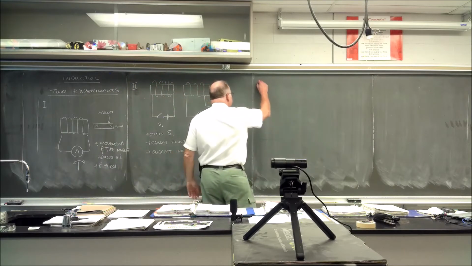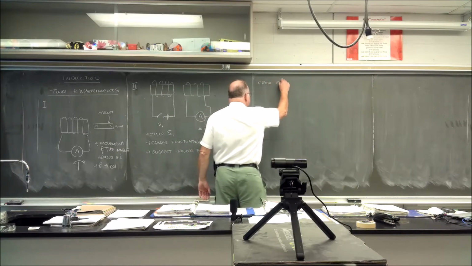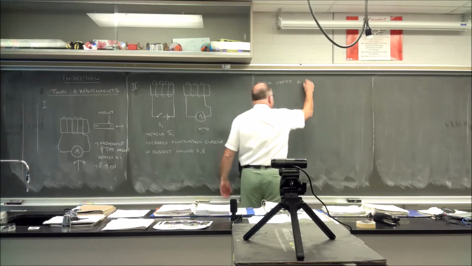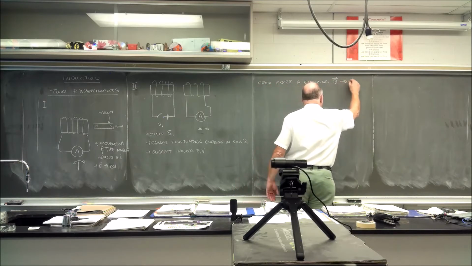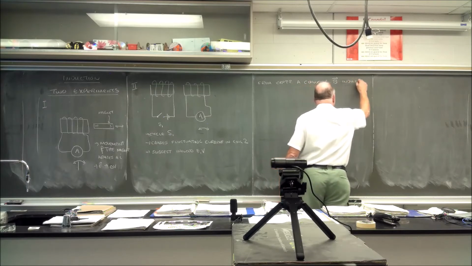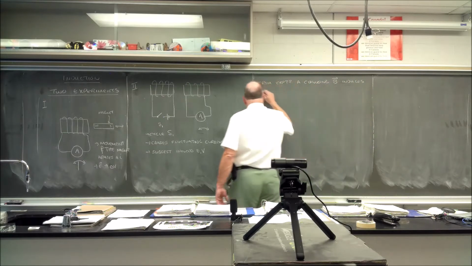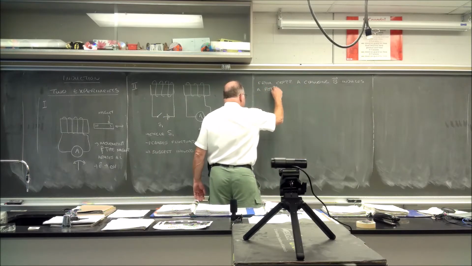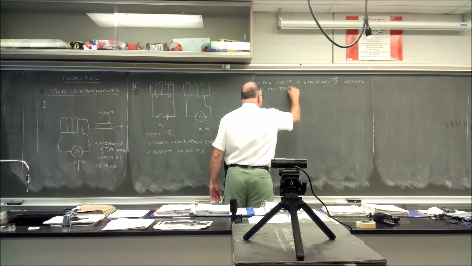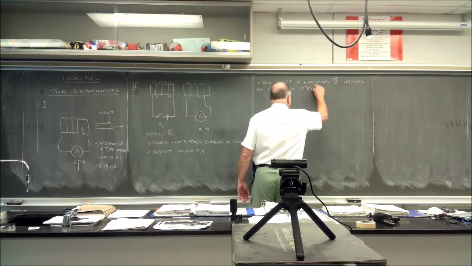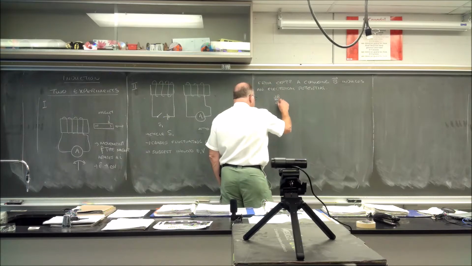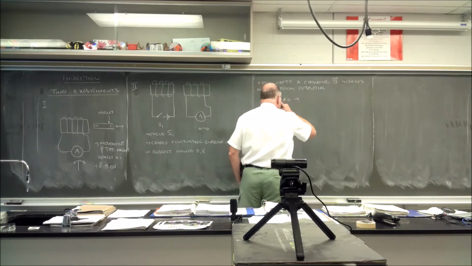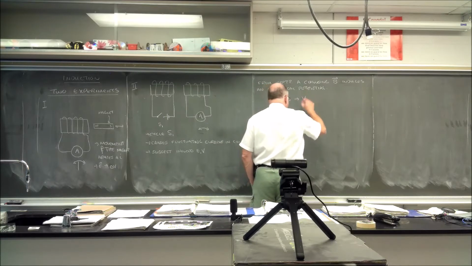So we could say from experiment 2, a changing magnetic field induces a potential, let's say an electrical potential to be clear. So we could write dB/dt is distinct from zero, implies that we get some type of potential.